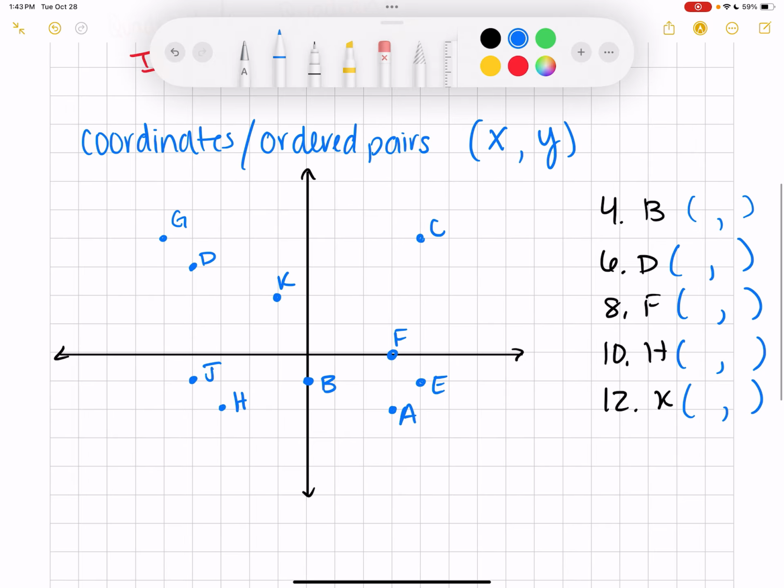So we always do the x coordinate first and then the y. So for point B, we don't move anywhere on the x-axis. It stays there. So that means my x coordinate is 0. The y coordinate is -1. So that's the point for that one.